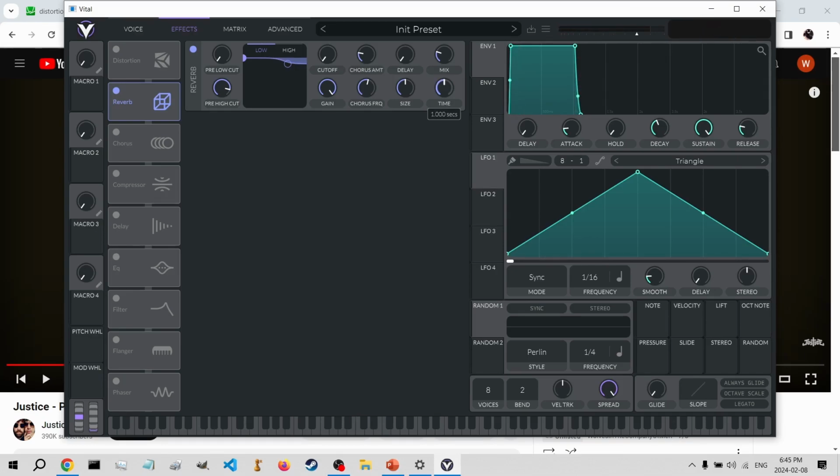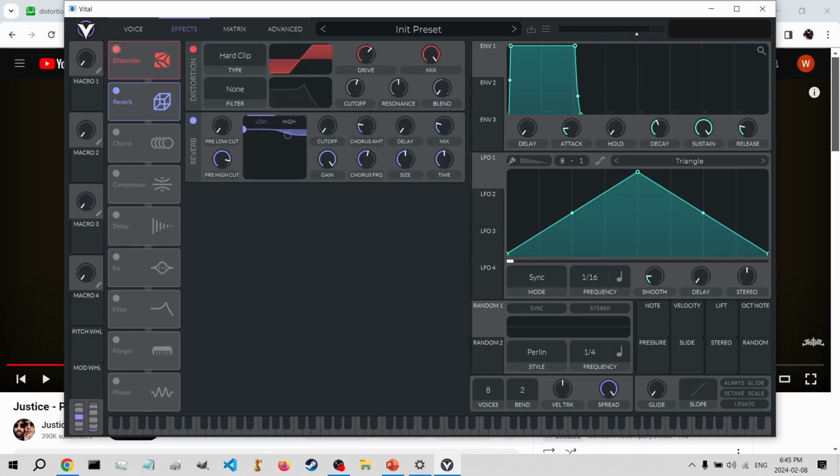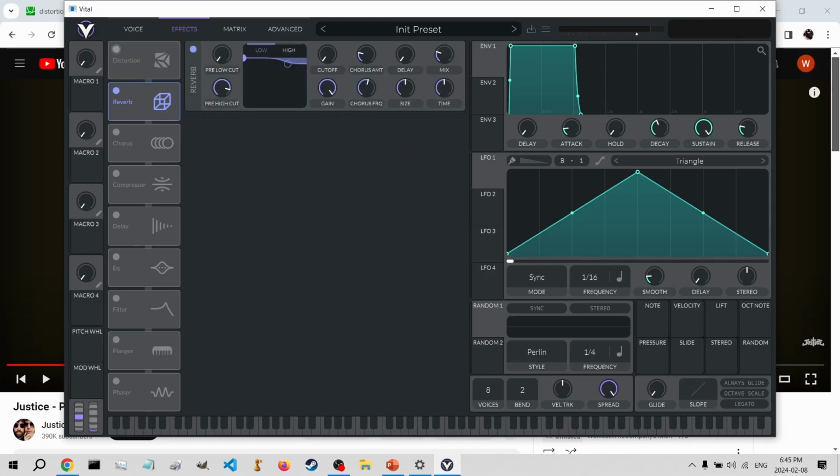But the other thing I want to draw attention to is mix, which if you noticed we also had on the distortion. The idea is typically with an effect you'll have the dry signal versus the wet signal. The wet signal is just the sound with the effect applied, and the dry signal is with the effect not applied, essentially just the sound before the effect. Pretty much any effect will give you an option to mix between the wet and dry signal.